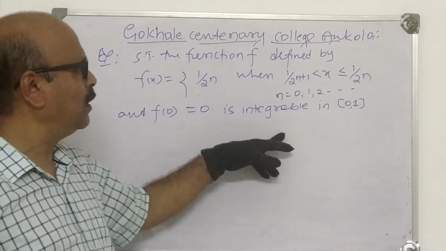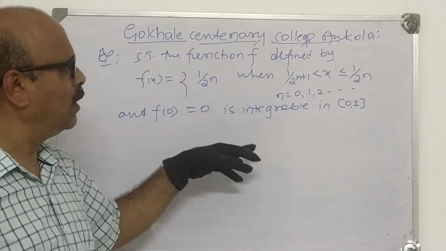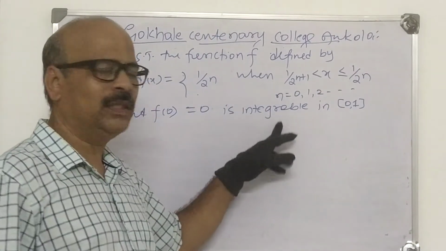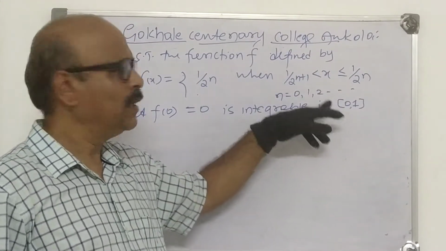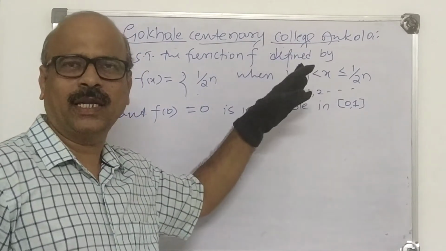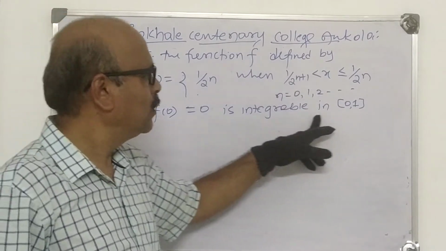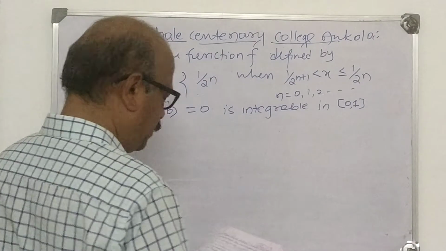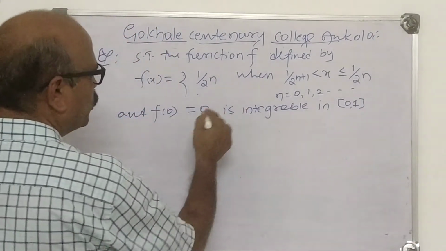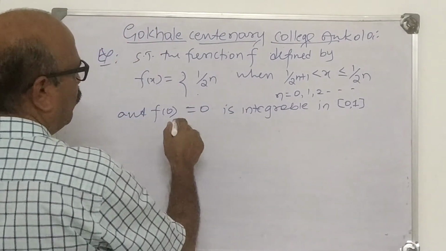Further, when we proceed, we will consider more examples. This is to illustrate only how to apply the properties of integrable functions. So I consider only one problem here. Now, how do you prove that one? The problem is like this.